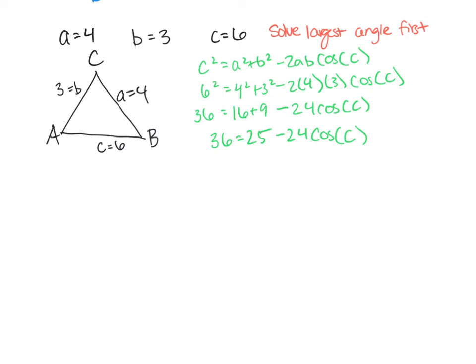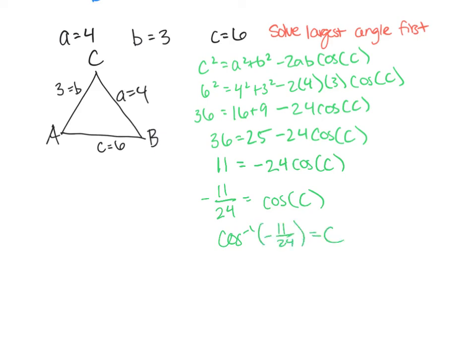So instead, to get C by itself, I'm going to start by subtracting 25 on both sides. And we will get 11 is equal to negative 24 cosine of C. And then instead of adding 24 to both sides, I'm going to divide both sides by negative 24, and get negative 11 over 24 is equal to cosine C. And then ultimately, to get C by itself, I'm going to have to cosine inverse both sides.